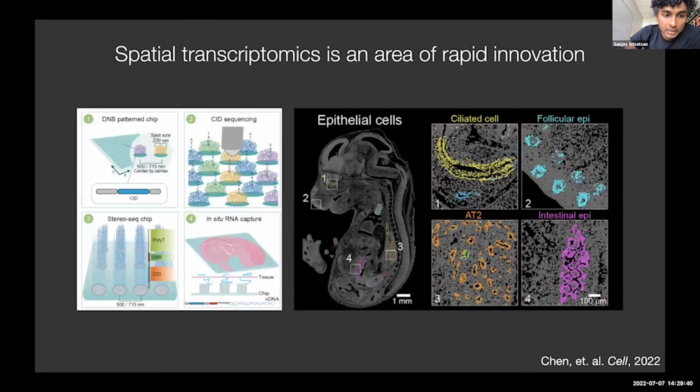What they do in this technology is effectively they have these barcoded spots, at half a micrometer resolution, arrayed across an area. They can sequence each of these barcoded spots before capturing RNA in situ on them and then sequencing them again.